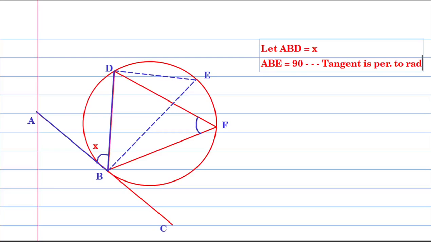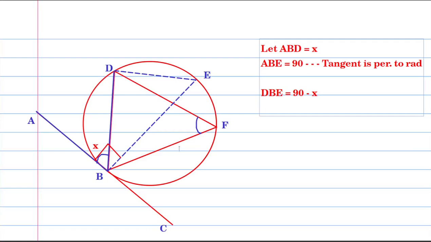So if the whole of this is 90 degrees, then this other part here is 90 take away x. So let's write that one. Our angle DBE is equal to 90 degrees minus x. So we're just subtracting the x here, so we will be left with 90 minus x.